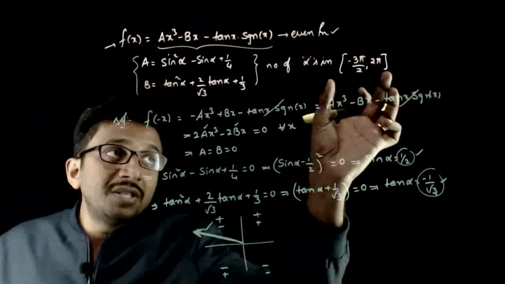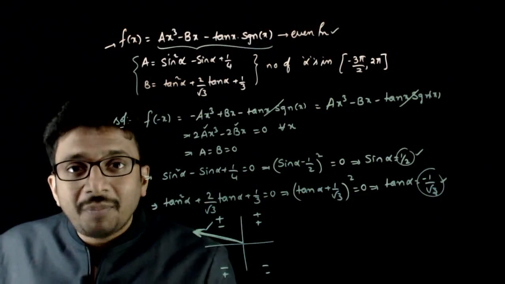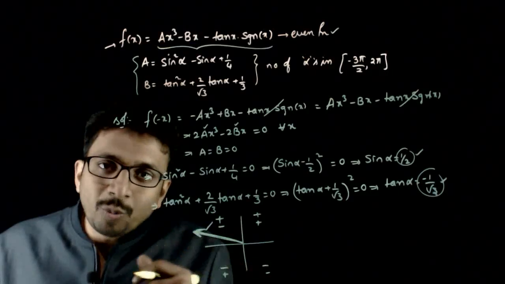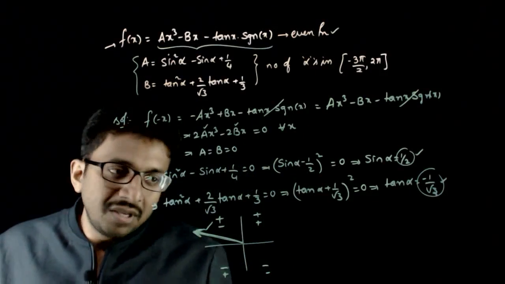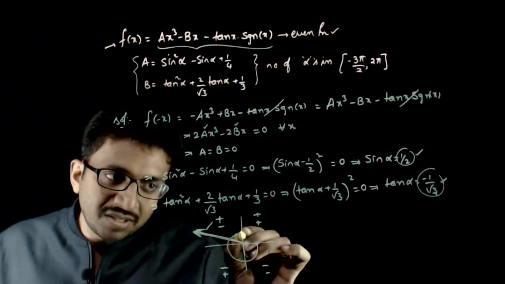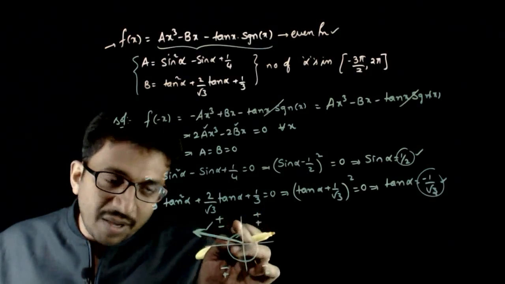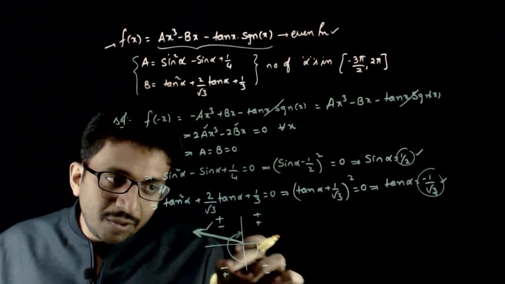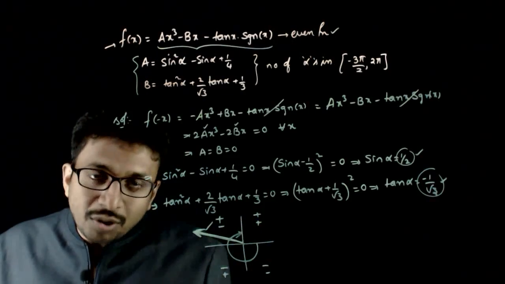Now the question is, how many solutions are there from minus 3 pi by 2 to 2 pi? Let us count the number of solutions. Minus 3 pi by 2 is going from this to this, and it goes and comes back to 0. So between minus 3 pi by 2 and 0, you have one solution.